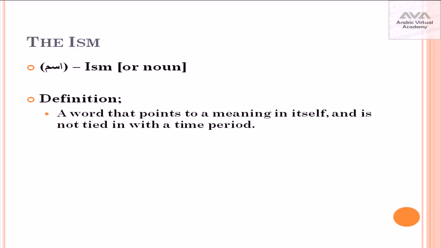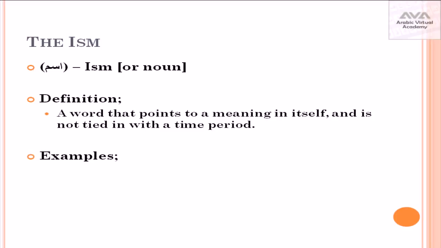It's a word that has a meaning. It means something. ولم تقترن, and it is not tied in with, it has no connection بالزمان, with time. It's not tied into a time period.